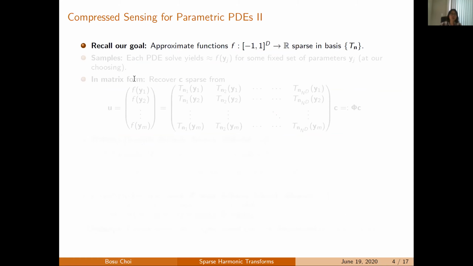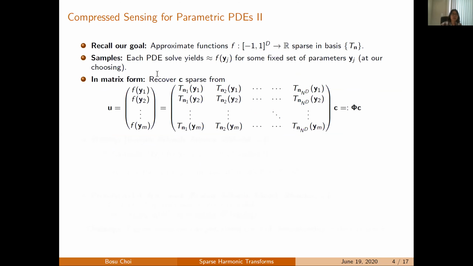Recall our goal is to approximate this function f. What we do is fix the parameter with a random choice of y, and then solve each PDE using the PDE solver. Then we can get different samples of f. Now we can build a linear system.